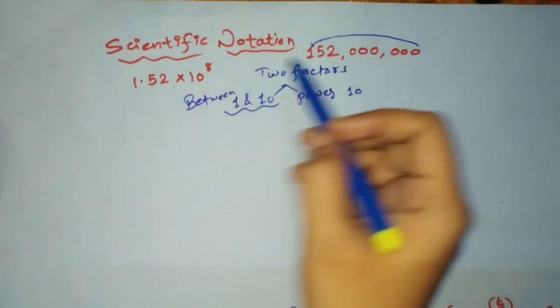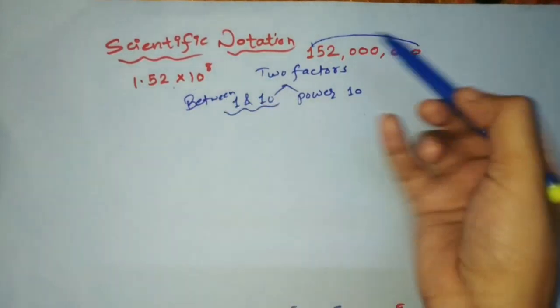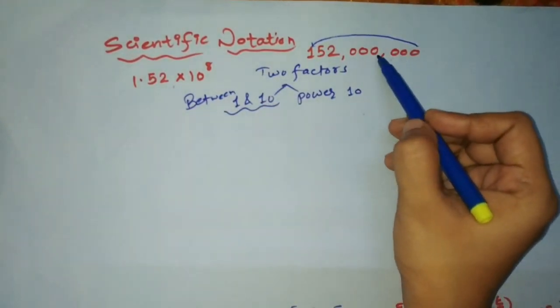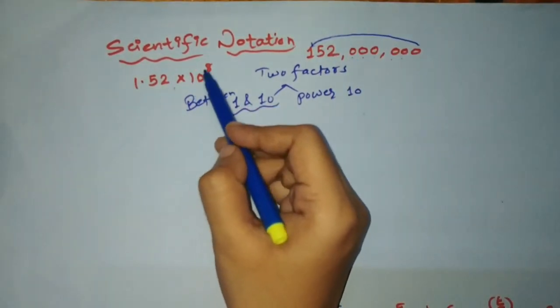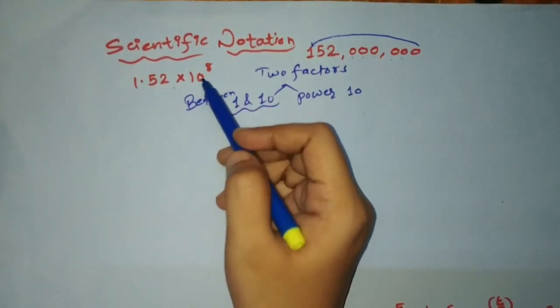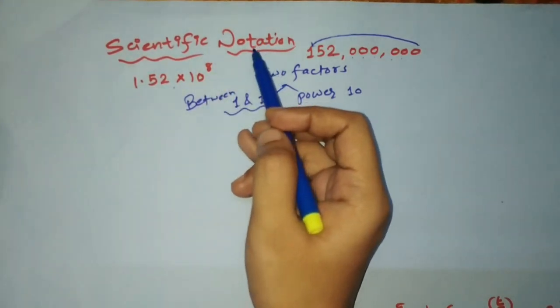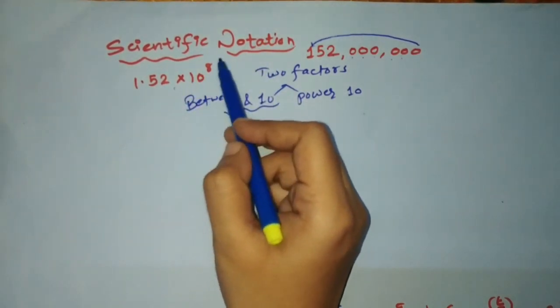These remaining places I'll write as 10 to the power 8. So 1.52 into 10 to the power 8.